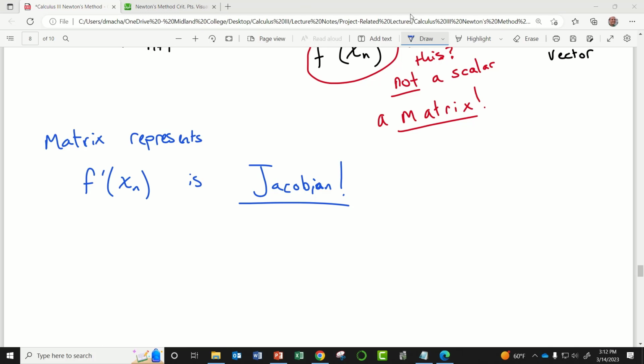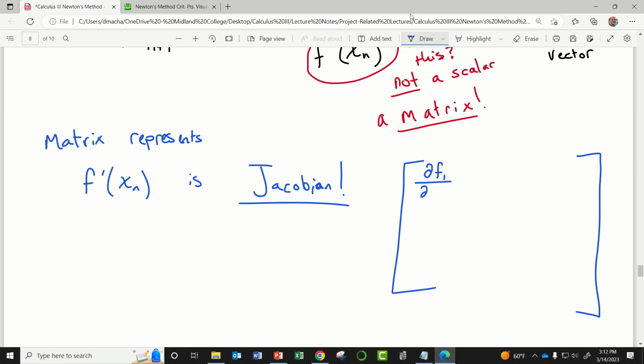Now, if I'm calling the output variable f and the input variable x, the Jacobian matrix is the matrix where the first entry is the partial derivative of the first entry in your output vector with respect to the first entry in your input vector.